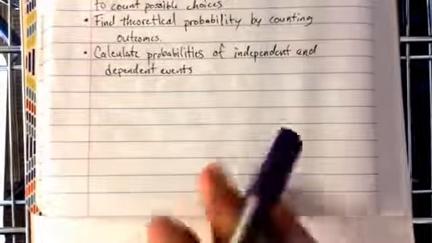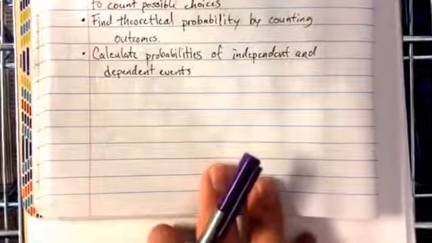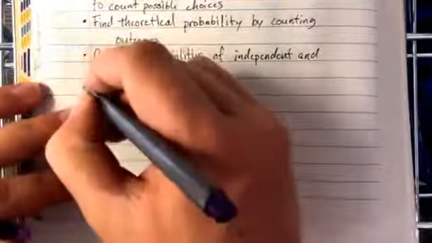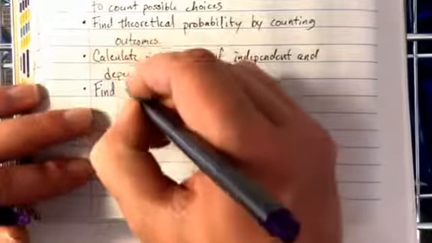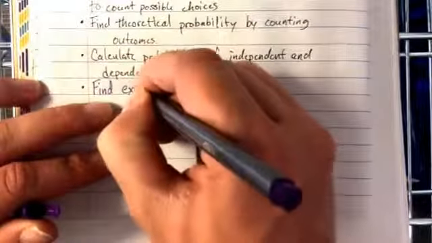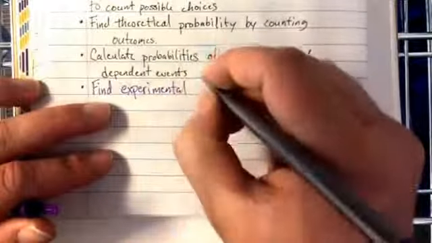Page 36, our objectives. So find experimental probability.